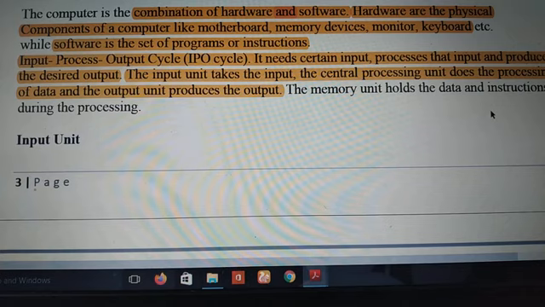You can give a printout also. So this is called the input output cycle. The input unit takes input and passes it to the central processing unit, which processes the data, and the output unit produces the output. As I already explained, the central processing unit takes data from the input device and processes it according to instruction, and the result you see on the output device.